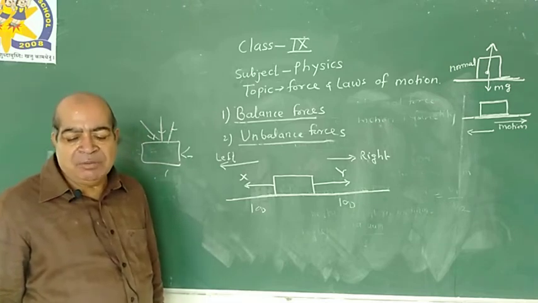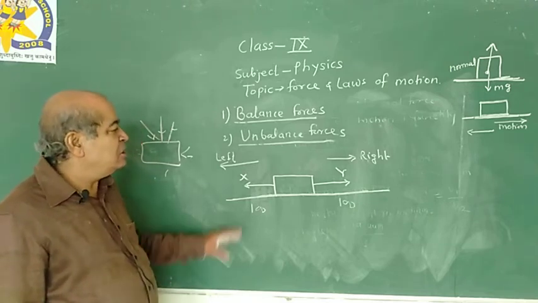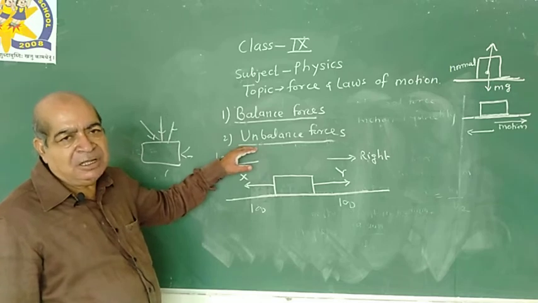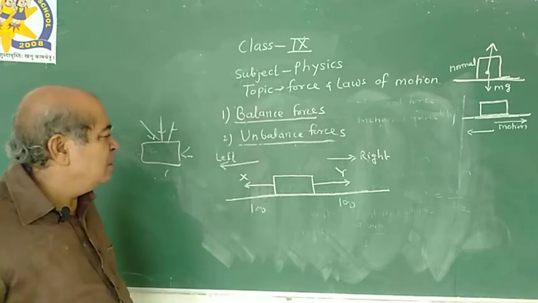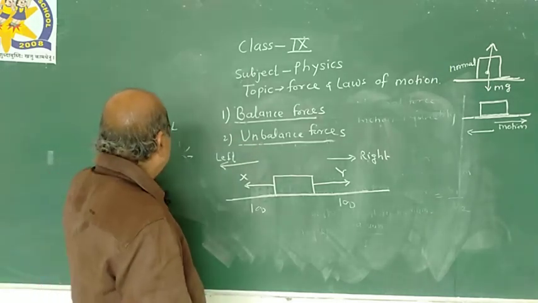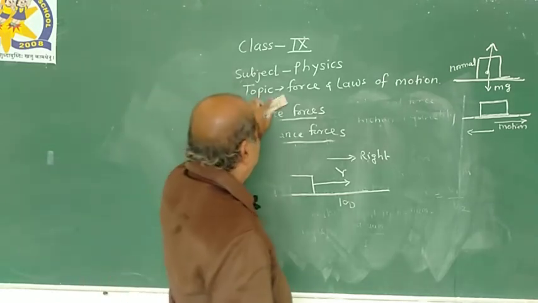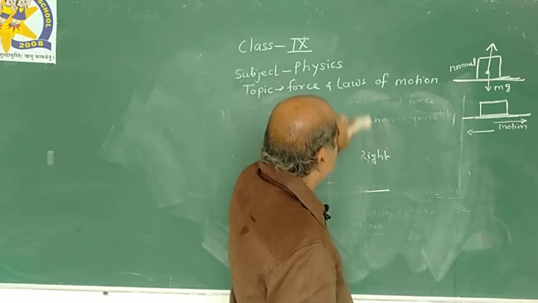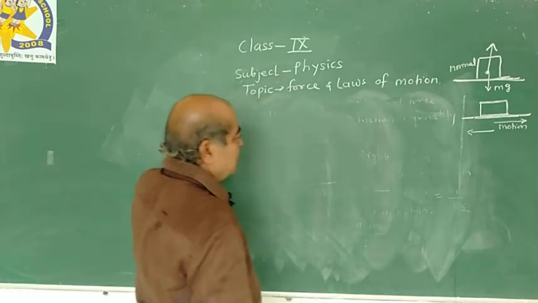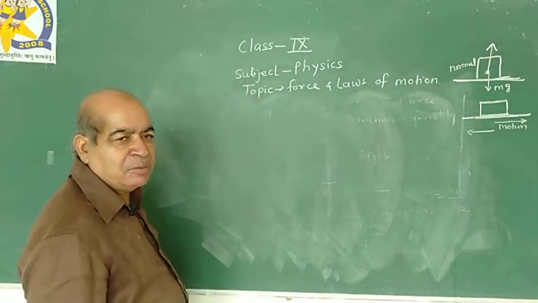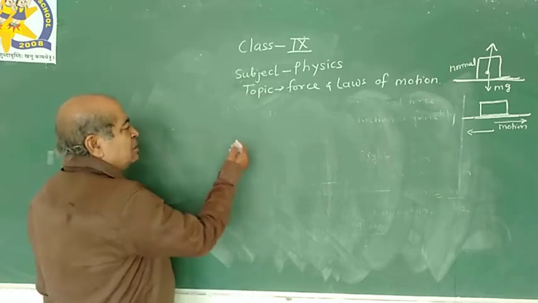Means for the motion of the object, which type of force is necessary? Unbalanced force is necessary. So there are two types of forces: balanced and unbalanced force.